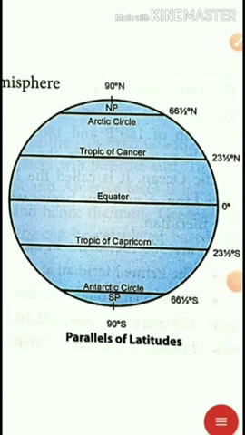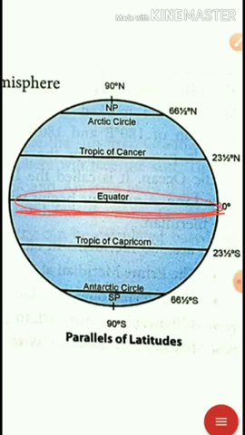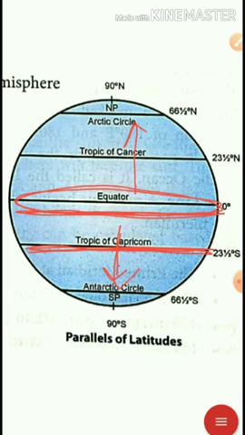So the largest latitude on the globe, or on the earth, is the equator. Whenever we move from the equator towards both poles, we can see the area decreases. When the area decreases, the length of each latitude circle decreases.